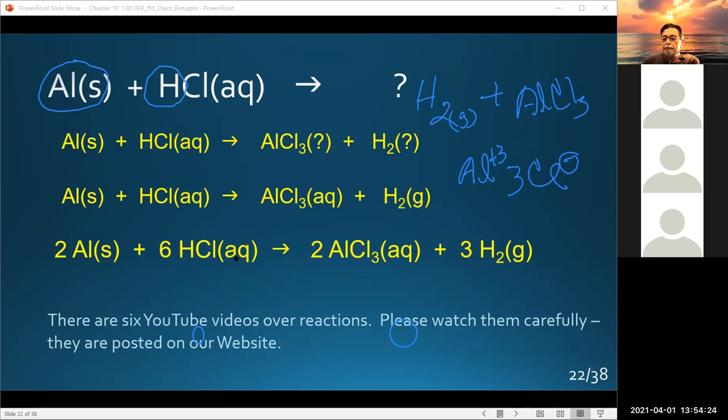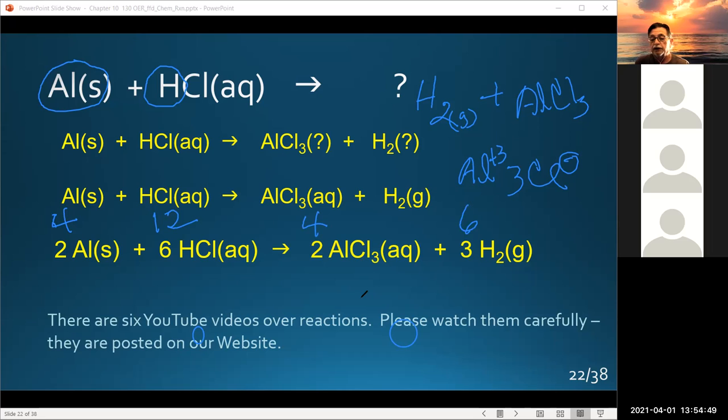One word about balancing: sometimes, like in mathematics, you reduce numbers to the lowest terms. In other words, you can come up with, let's say, a 4 here, 12 here, 4 here, and 6 here, which is balanced.